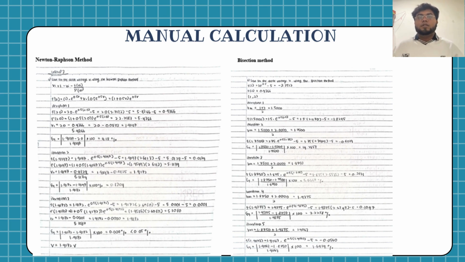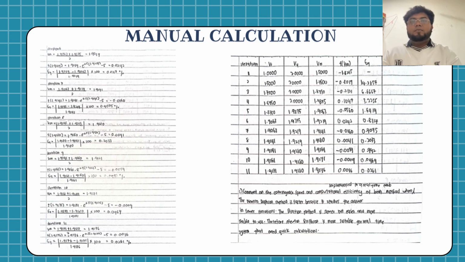The calculation starts with the initial guess. For every iteration, a new voltage value is calculated until the error becomes very small and the solution converges. The advantage of this method is that it reaches the solution very quickly, usually within a few iterations.